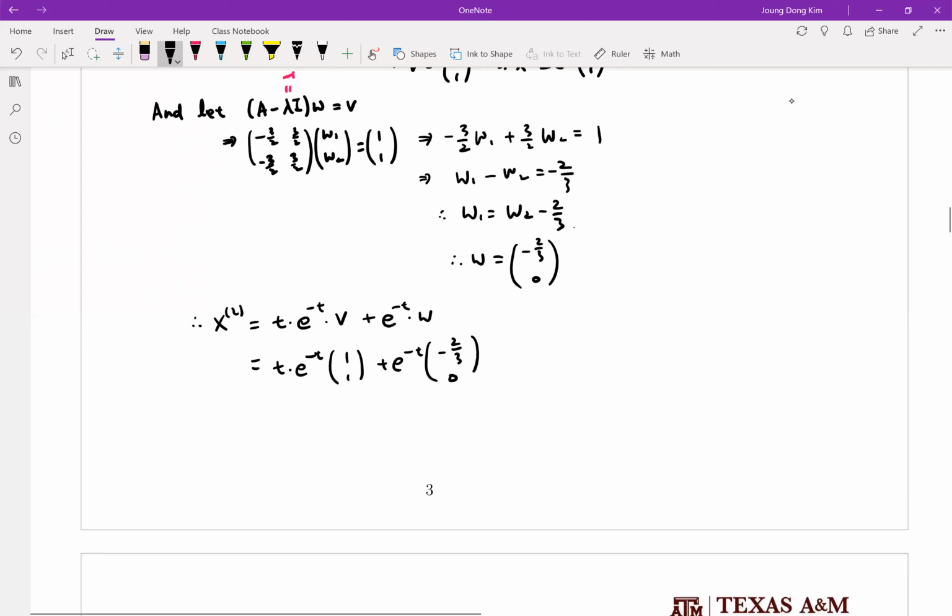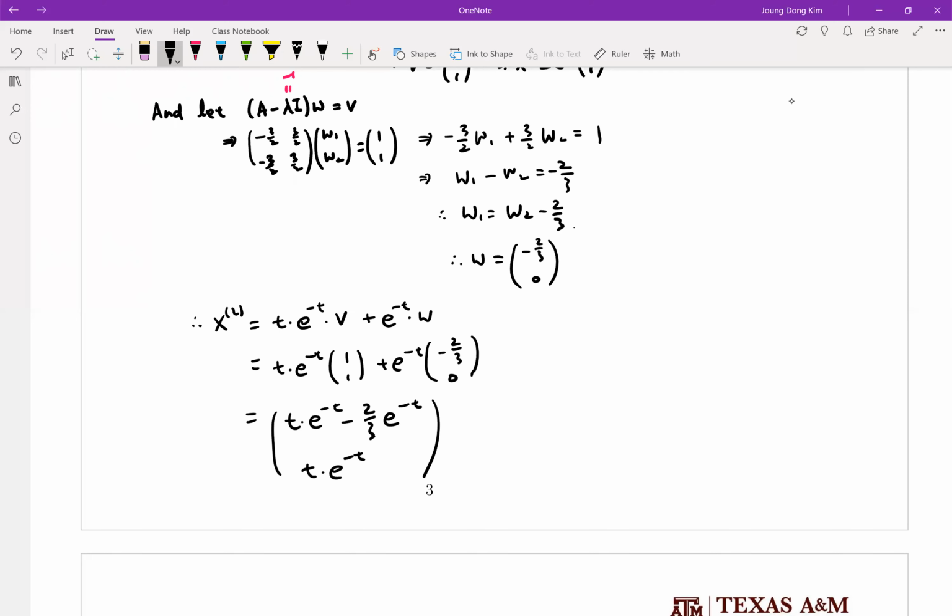Is it clear so far? Let me simplify this. It is equal to t e to the minus t minus 2/3 e to the minus t, and t e to the minus t.